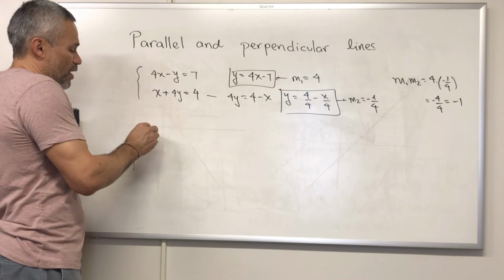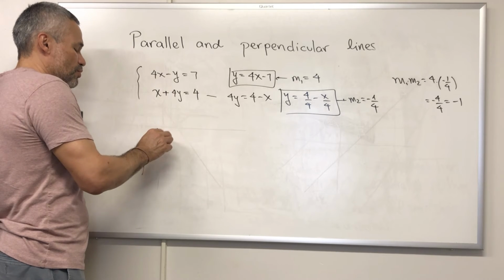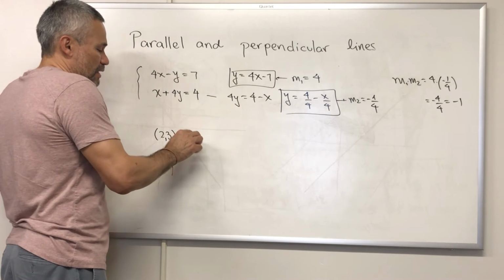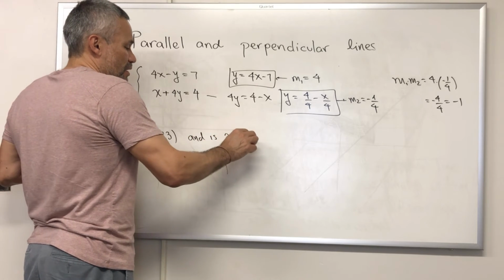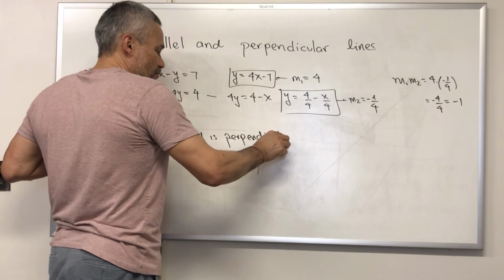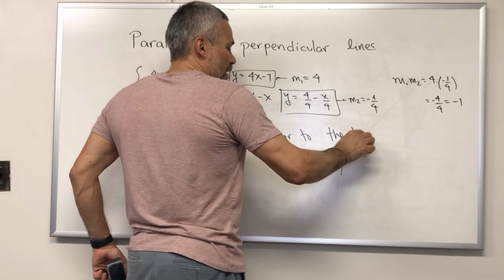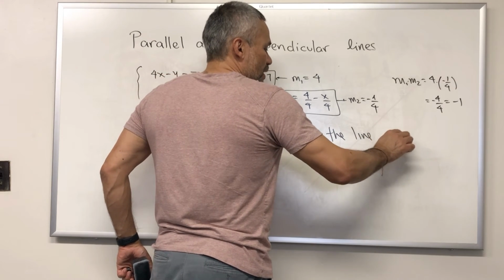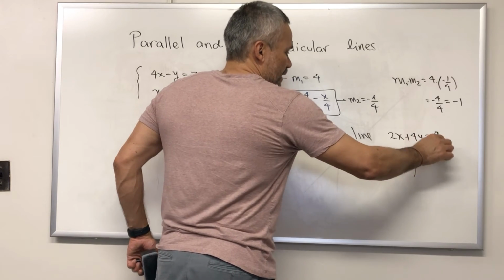Let's suppose that we want to compute the line that goes through the point 2, 3 and is perpendicular to the line, let's say 2x plus 4y equal 8.